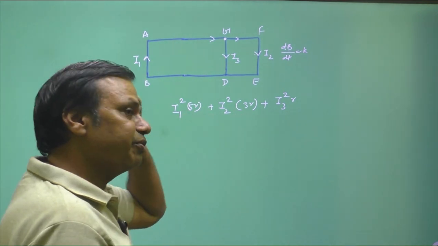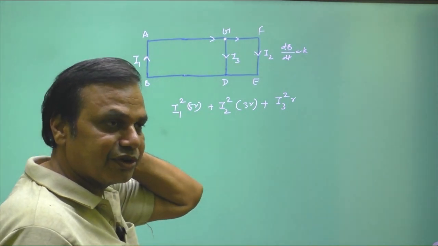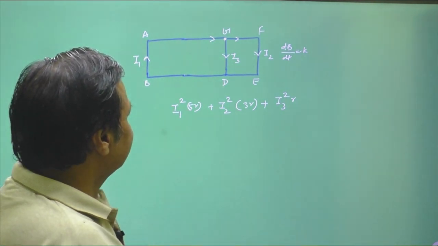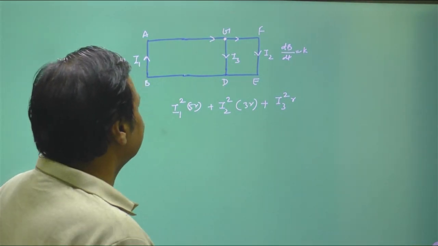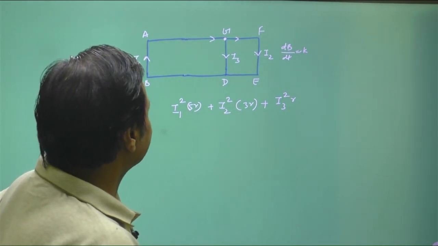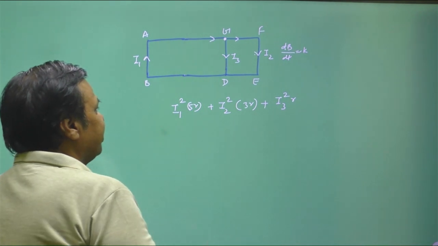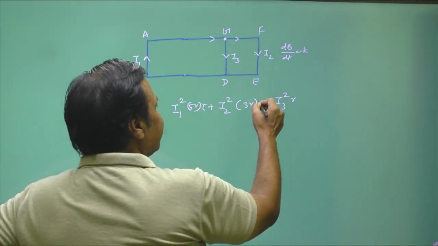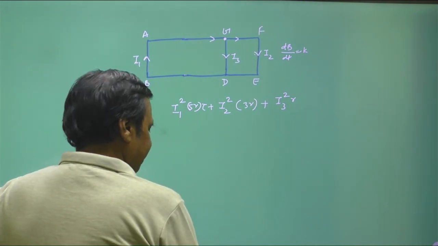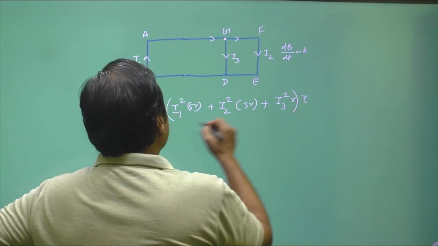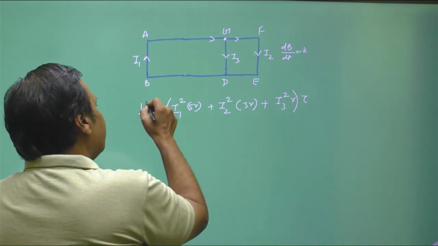I1 I can still remember, it was 9 upon 23 I naught. So this is the power, and in time tau we need to multiply all of them by time tau, and this will be the whole heat.